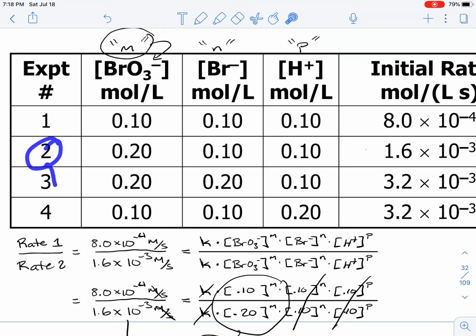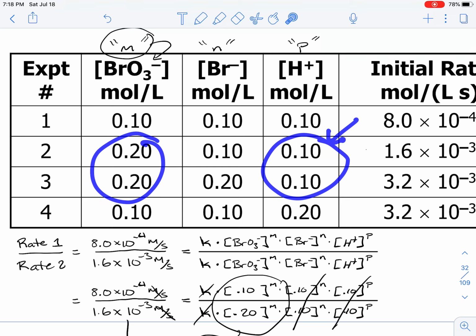And so if you look at experiment 2 and experiment 3, notice that the bromate is the same. So we know that if we plug this into this equation, the concentration of bromate will cancel, and the concentration of hydrogen ion will also cancel. And if you look at bromide, the concentration is different, and so therefore the value for n can be solved.